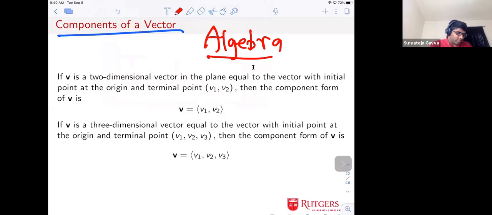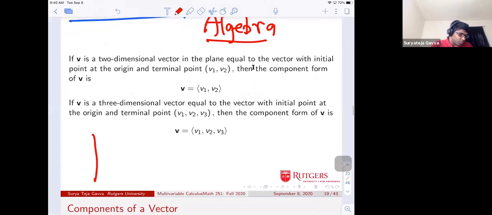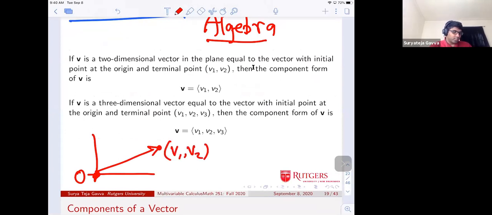It's quite simple. If you have a vector, and you assume that one endpoint of the vector is the origin, then there is a second endpoint. The second endpoint will have some coordinates. You denote the vector using those coordinates. So take your vector to the origin, and then you see the coordinates of the head of the arrow.